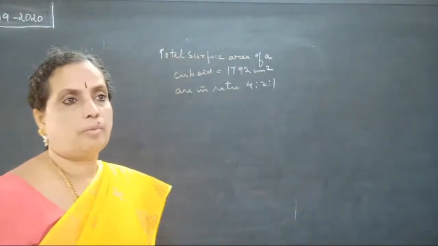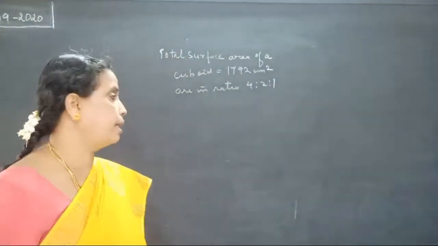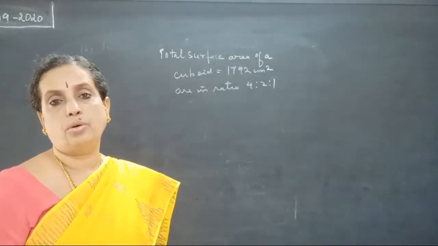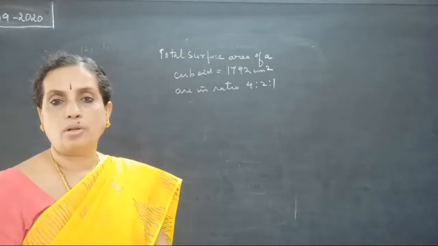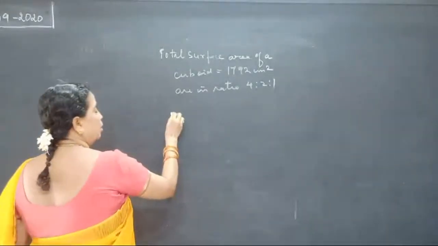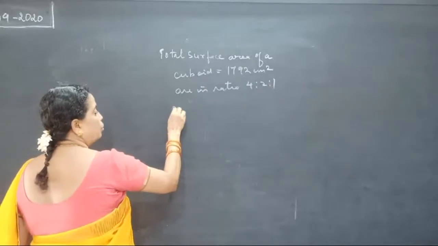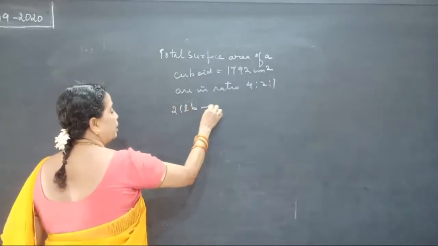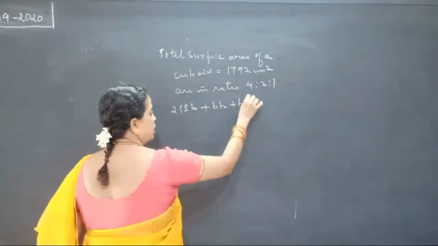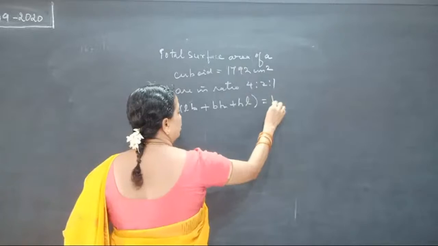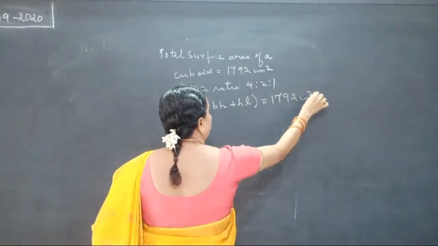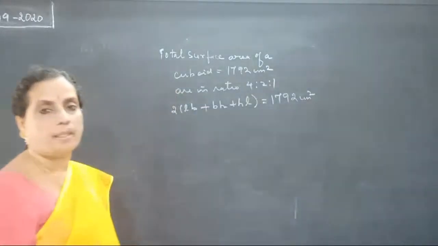Now let us write the ratio as 4x, 2x, 1x by multiplying with a constant value. With that, write the formula: 2 into (LB plus BH plus HL) equals 1792 centimeters square.